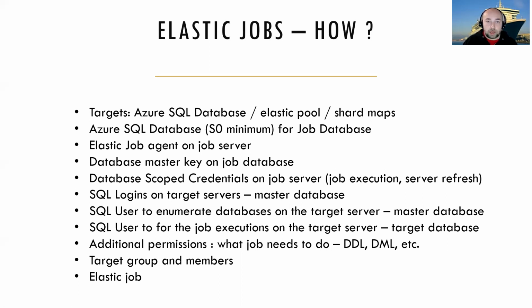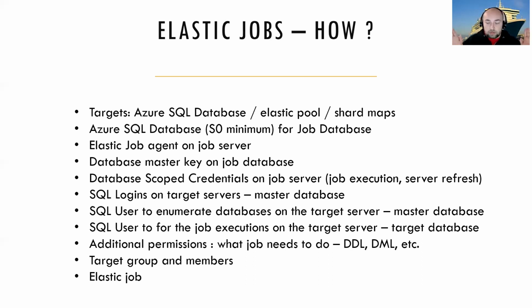It's good to have credentials separate for running the jobs on the target server and different credential to enumerate the databases on Azure SQL Server. So I will show you that as well. And we can also have credentials for extra job if the Elastic job needs to collect data from different servers.